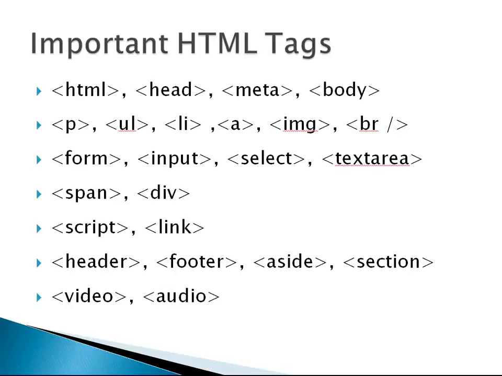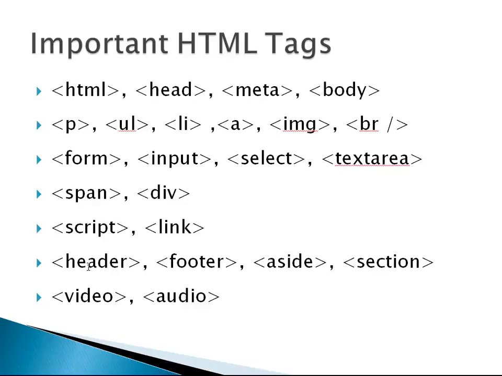And this is just some basic HTML tags that you probably should know. The document tags: html, head, meta, body, paragraph, lists, links, images. Form tags: we have the form, input, select, textarea, span and div, script, link, which usually go in the head tag.